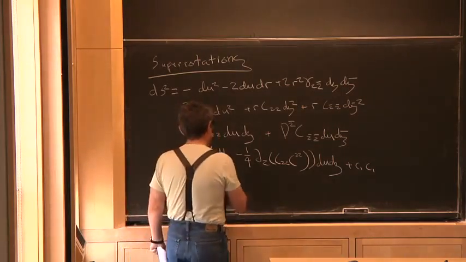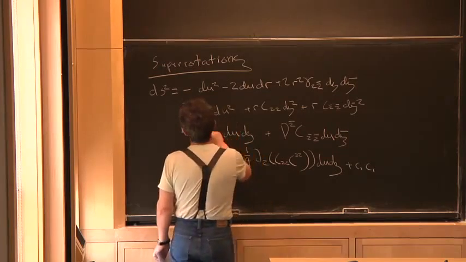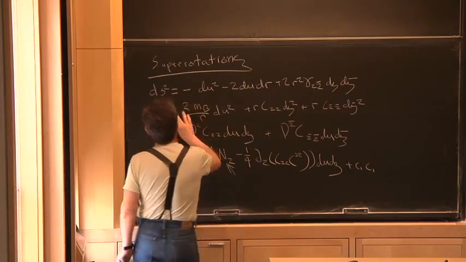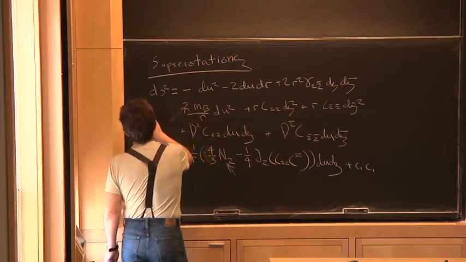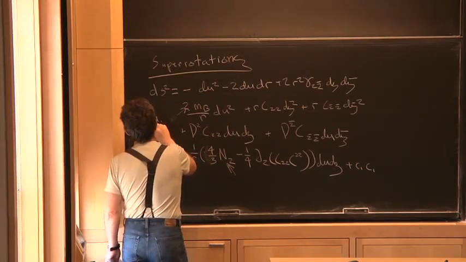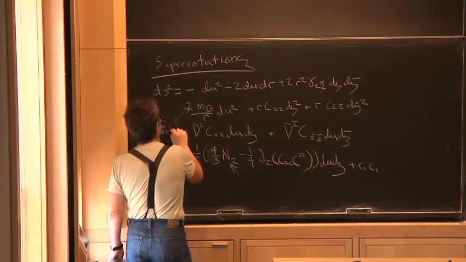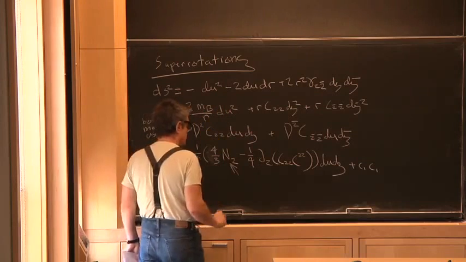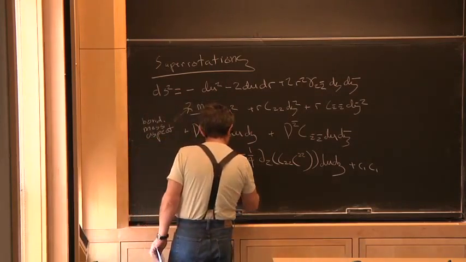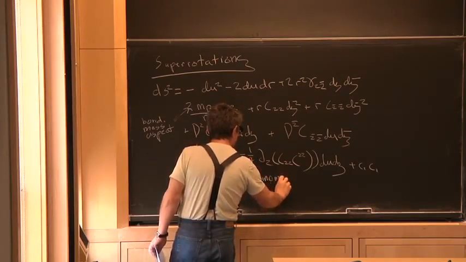This thing has a name. As I said, this is called the Bondi mass aspect, a function of u, z, and zbar. And this is called the angular momentum aspect. So far we haven't talked about angular momentum.